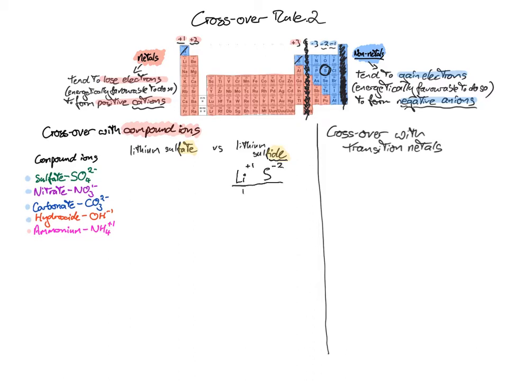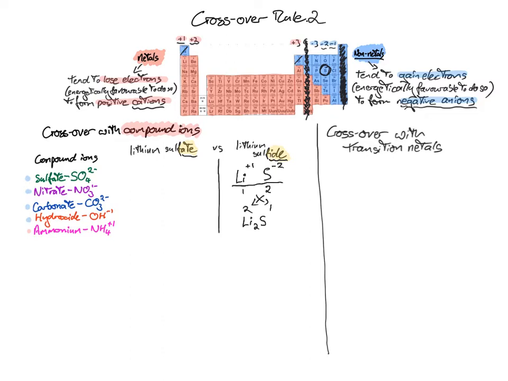Line underneath, take the size of the charges down, cross them over. This is going to be Li2S, lithium sulfide.